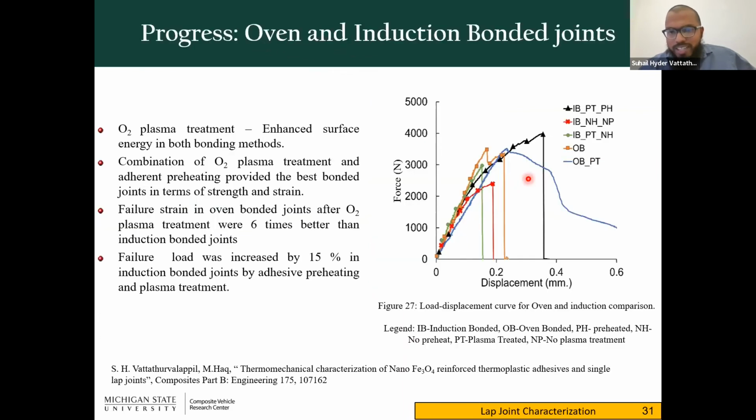But we found another technique: if you don't preheat the adherent, you do not get much strength with induction bonding. But once you preheat the adherent, not too much, but just to the glass transition temperature, nearly 100 C, then you can considerably increase the strength of the induction bonded joint. And we got 15% better strength with induction bonded joints compared to the oven bonded joints, and a very good toughness as well.